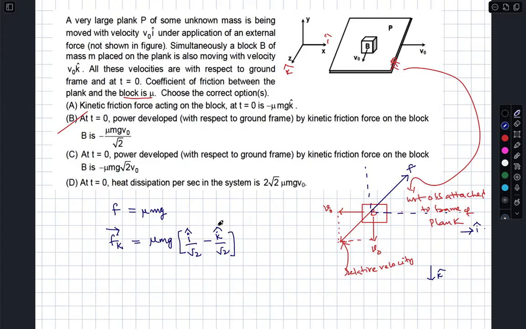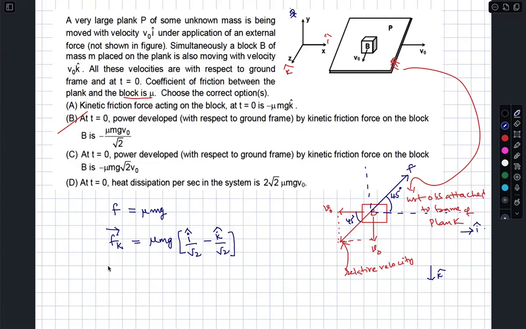Agreed? When I am seeing from the top, this is k cap direction, this is i cap direction, and this makes an angle of 45 degrees. So a unit vector in this direction will be i cap by root 2 minus k cap by root 2. That's what I have written here.